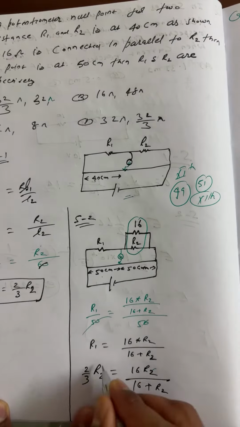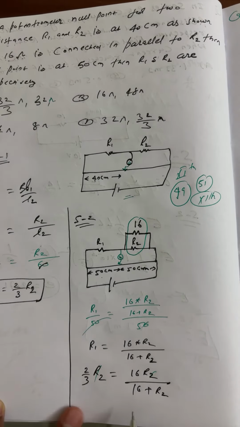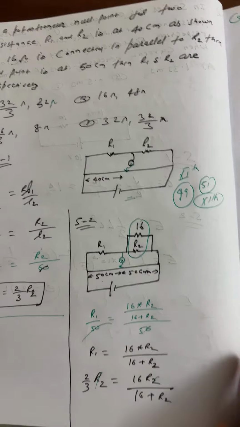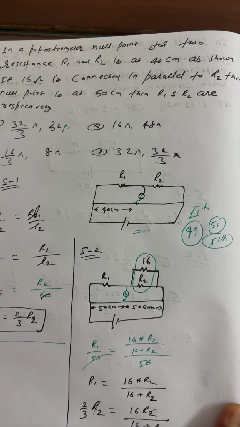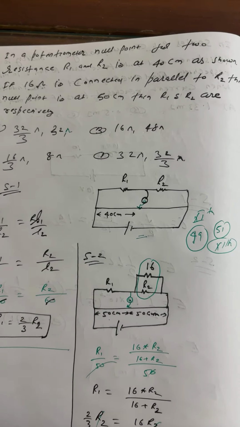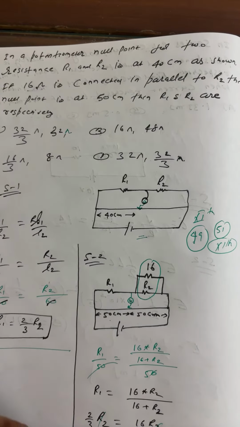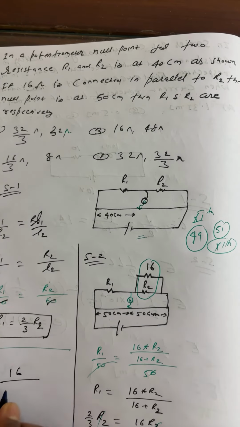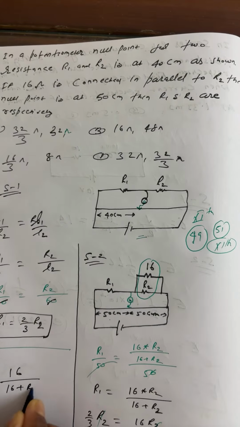Now students, you can see R2 cancels, just cross multiply. I'm calculating finally over here. This is step 3. Now you can say 2 by 3 is equal to 16 upon 16 plus R2.